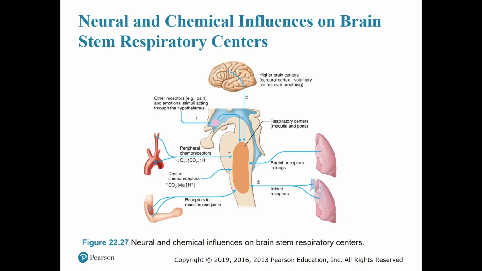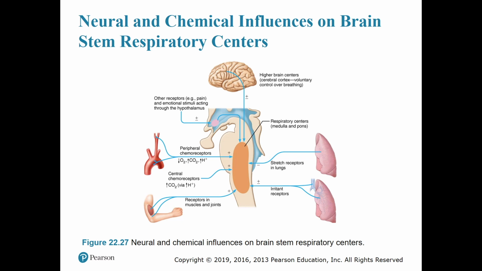Figure 22.27, neural and chemical influences on brain stem respiratory centers. Let's start with the higher brain centers, the cerebral cortex, voluntary control over breathing. These will have an effect on the respiratory center in the medulla and pons of the brainstem. Stretch receptors in the lungs also have this negative activity.